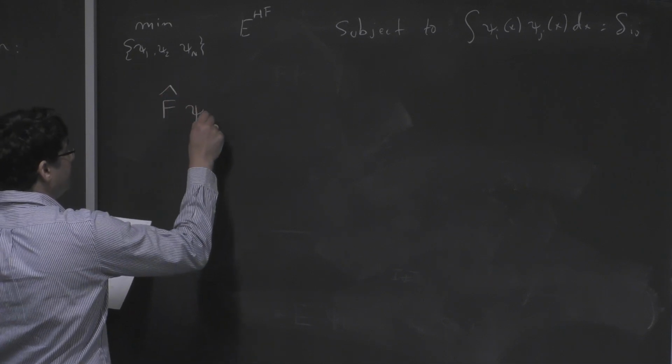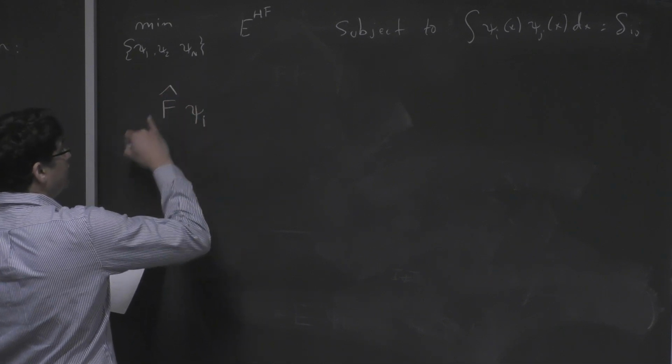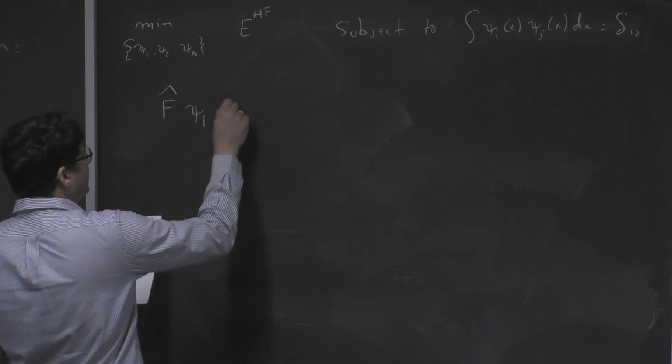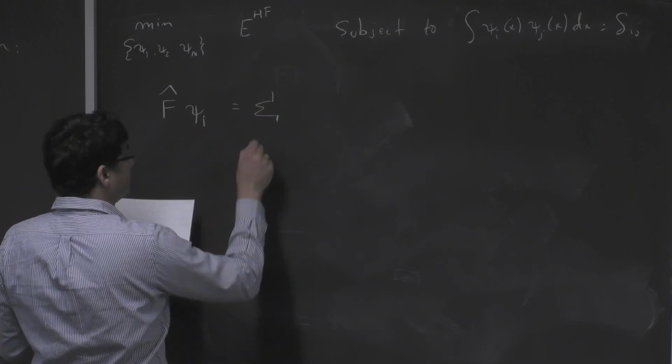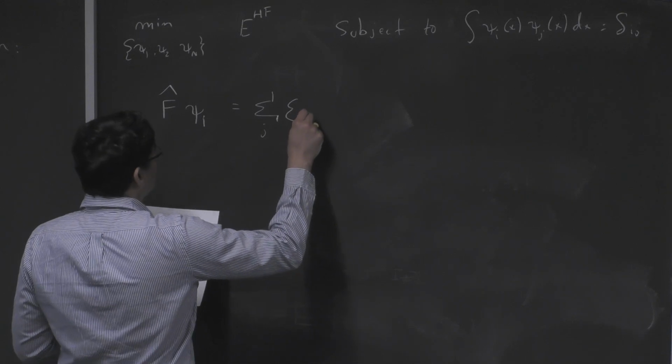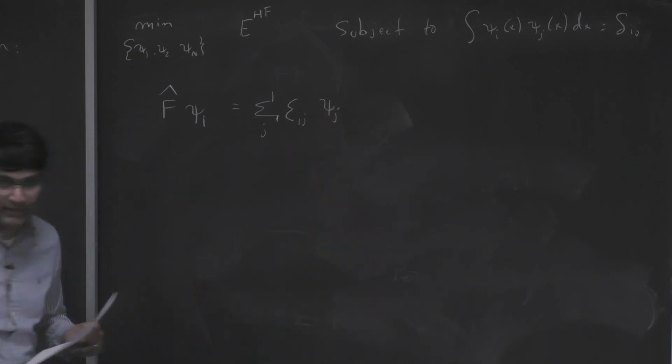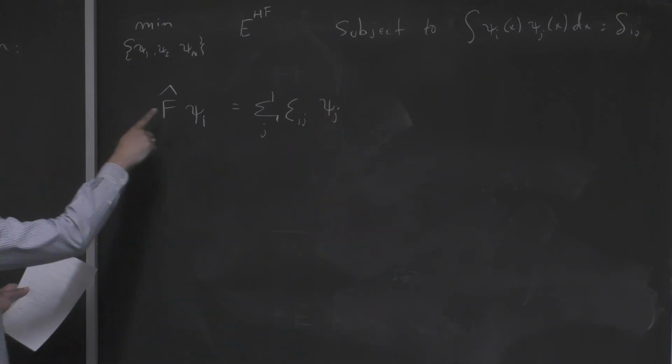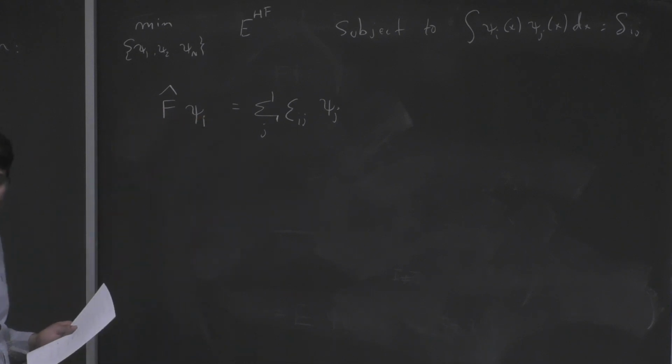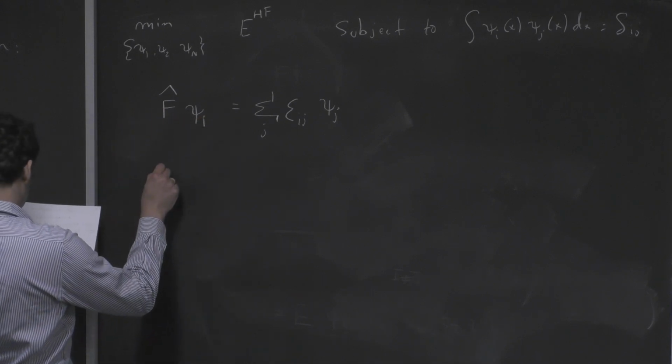So you have an operator acting on some psi_i, which is summation over j epsilon_ij psi_j. Okay. And the action of this operator on psi_i's are given by these expressions.